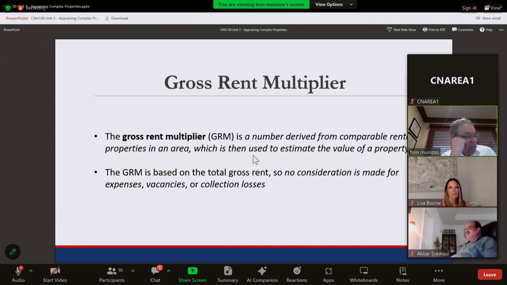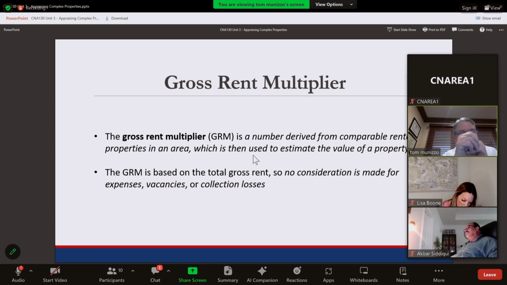This is real important, because they're going to try to trick you with test questions. If your rent is $1,000 a month and it's on an annual basis, your gross rent is $12,000 a year.